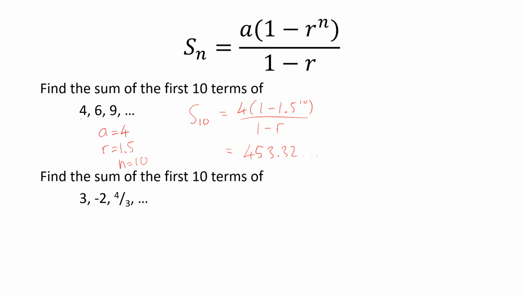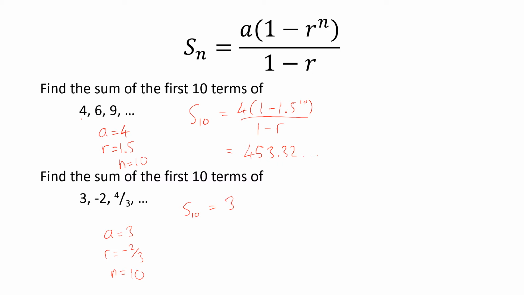For the second sequence, again, you can have negative ratios, don't forget that. We've got a is equal to 3. We've got r is equal to minus 2/3 in this case. You get that by doing minus 2 divided by 3, or 4/3 divided by minus 2. And n is again equal to 10. So we're again going to try and find S10.